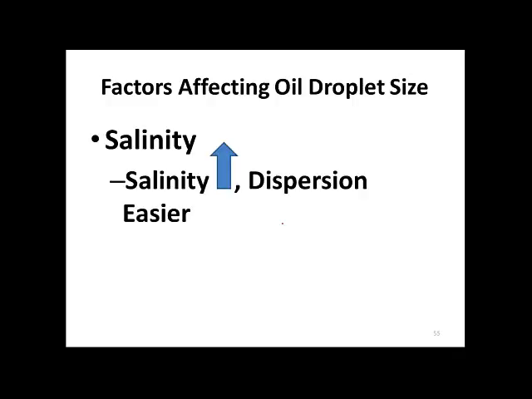It's an effect at the surface of the oil droplet. So if you were in an area where there was a lot of fresh water input into the ocean, you'd get less dispersion than if you were out in full-strength seawater. Okay?